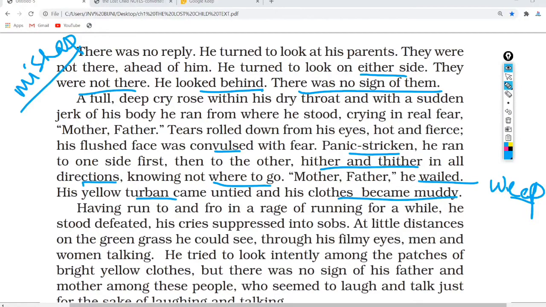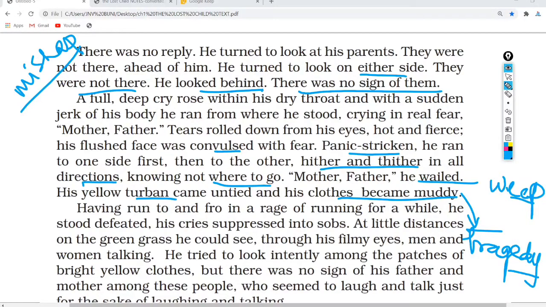Now see, this is the kind of tragedy. आप जानते हैं ना tragedy? Tragedy means the story of sadness. So his sadness started now when he lost the parent. Therefore, what he did, he was running from this side to that side, from hither to thither, to all directions, and in this manner, what happened?